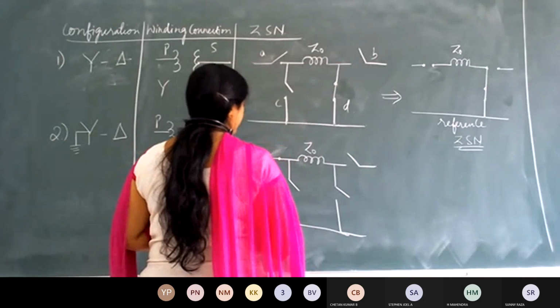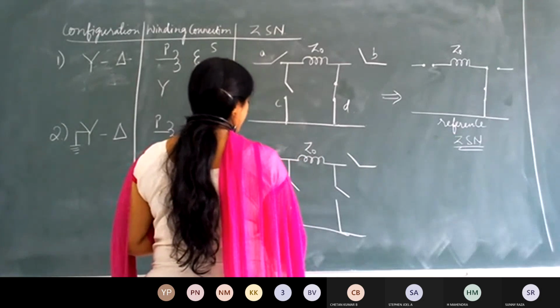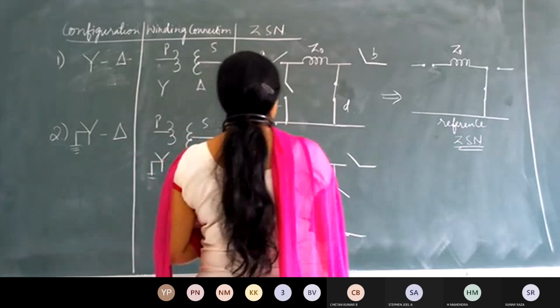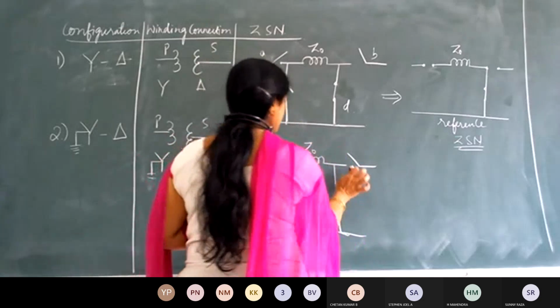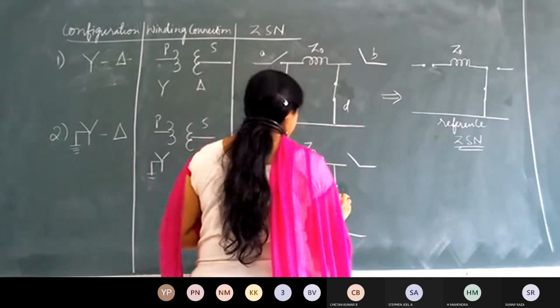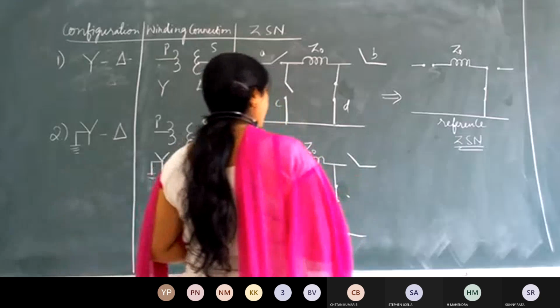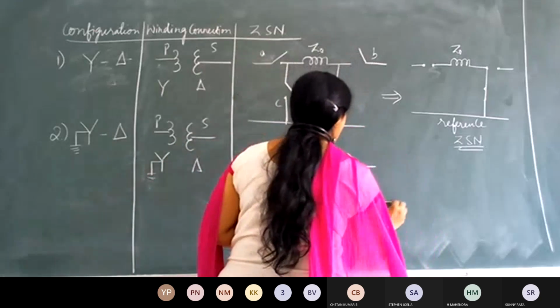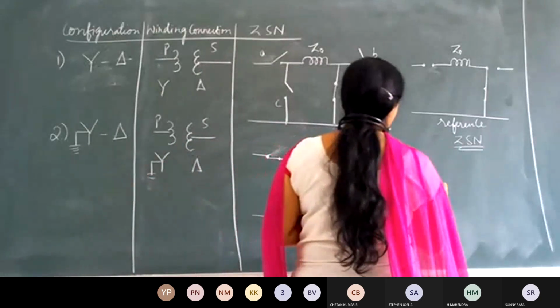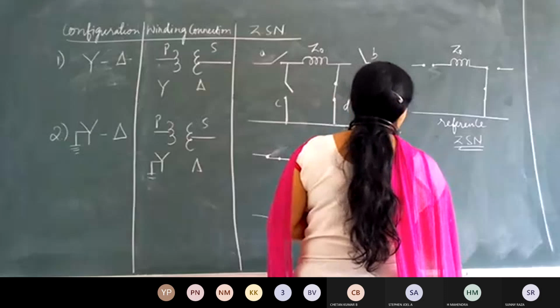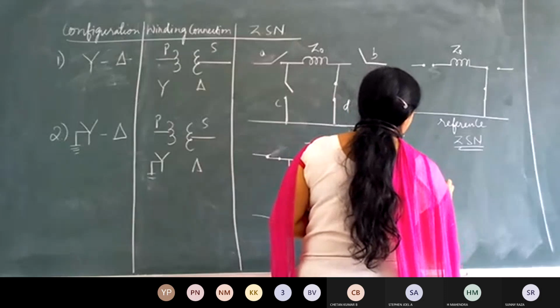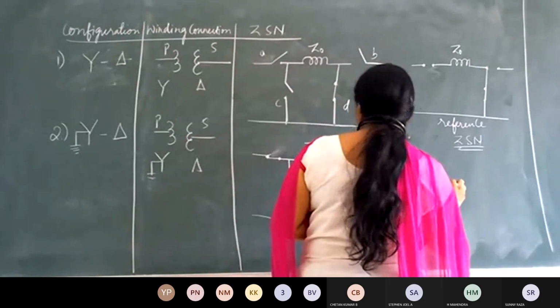The switch A. Okay. So this has to be removed actually. And on the secondary side, delta connected means switch D has to be closed. Okay, this has to be kept open. B has to be kept open. So what is the final network you can write there? So this is switch A, shorted.